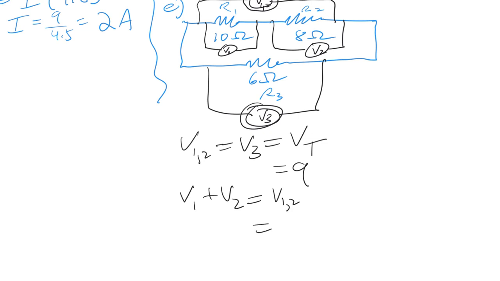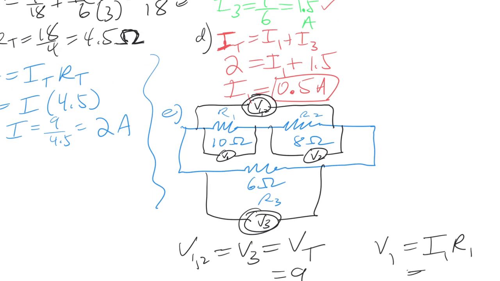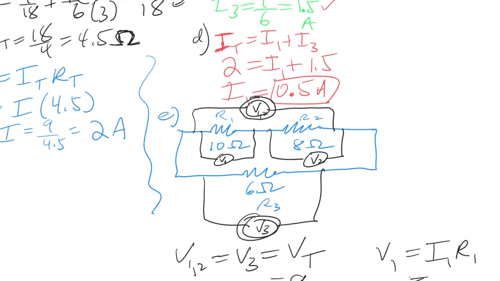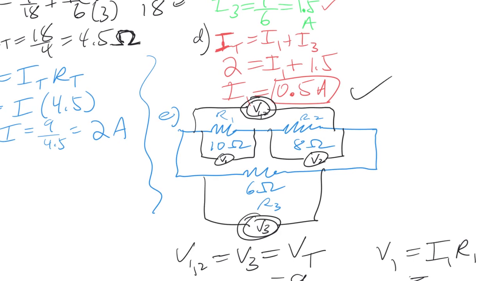Okay, so that equals 9. And V1 equals I1 R1. And we found I1 as 0.5.